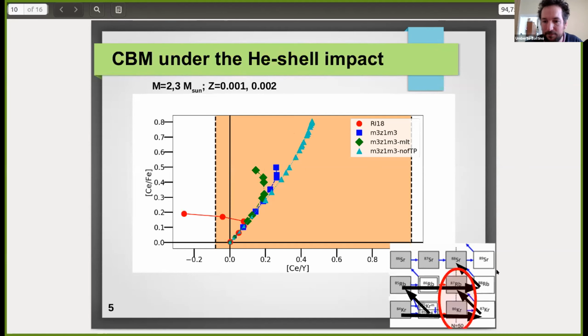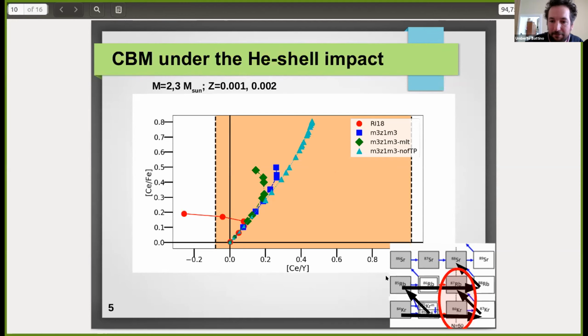The less you mix under the thermal pulse, the less carbon you dredge up into the intershell, and so the higher the helium fraction will stay. The more helium you have, the lower the temperature you need to flash.